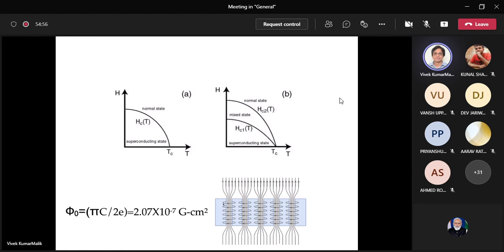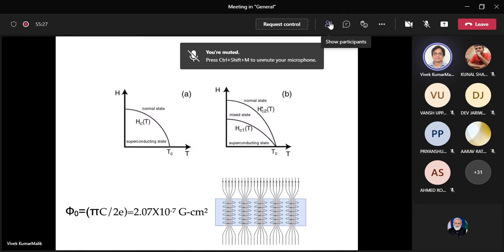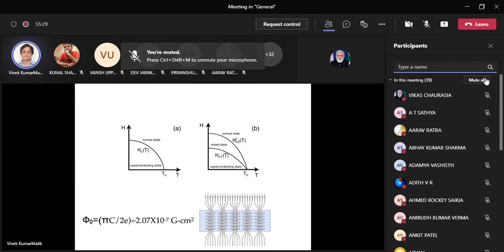That means the field can penetrate either at this value or at integer multiples of this value, at certain locations. Where the magnetic field penetrates, the material becomes normal, but in other places it still remains superconducting. So it's a mixed state of both superconducting and normal. And if you keep increasing above another critical field, Hc2, it turns into the normal state.